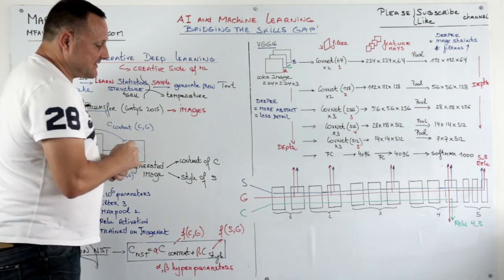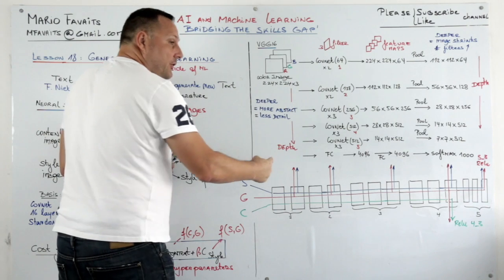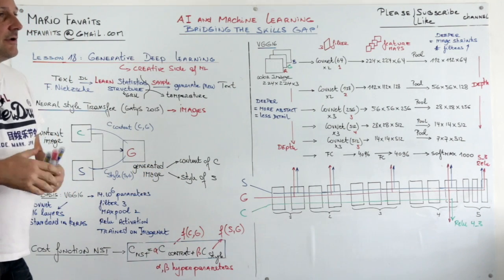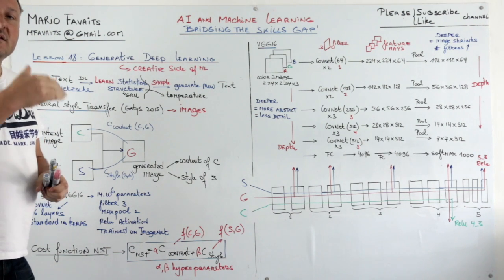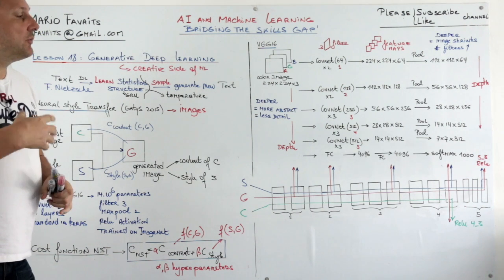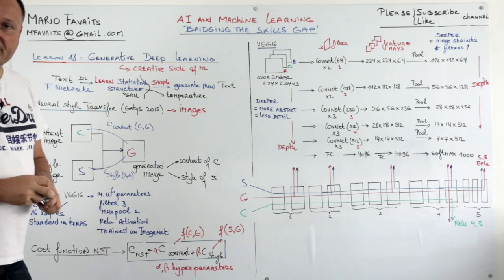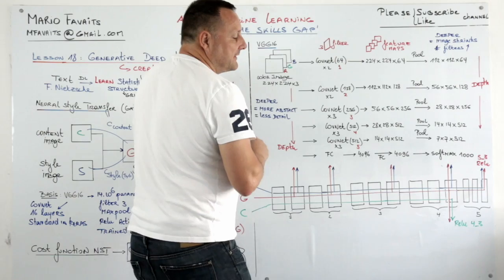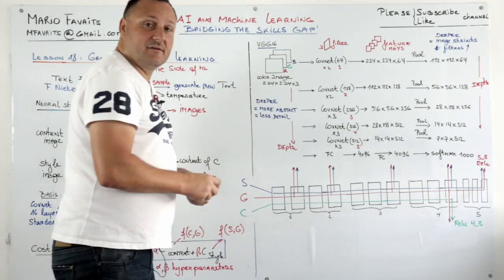Now, it's important to remember that the deeper we go, the more abstract it gets. If you take a picture of a bike, the deeper you go, the more you will see the bike reflected in your activation maps, because it cannot keep all the details, mainly because the size is so small, 7 by 7.